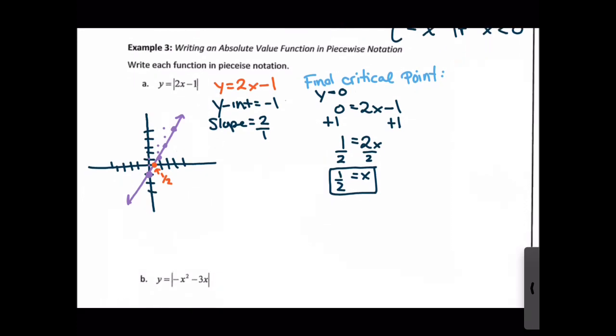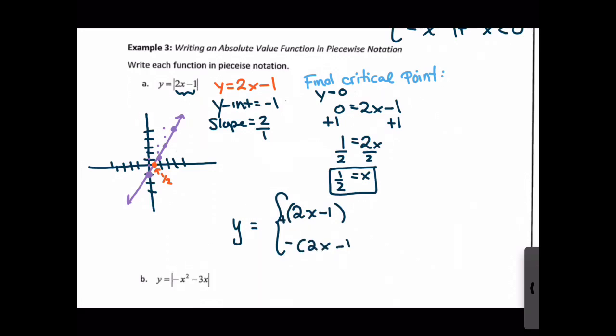For the piecewise notation, we would write out y equals, with a nice big curly bracket, and we're going to have, from our graph, inside the absolute value, the positive version, you're welcome to just write it like this, and the negative version.